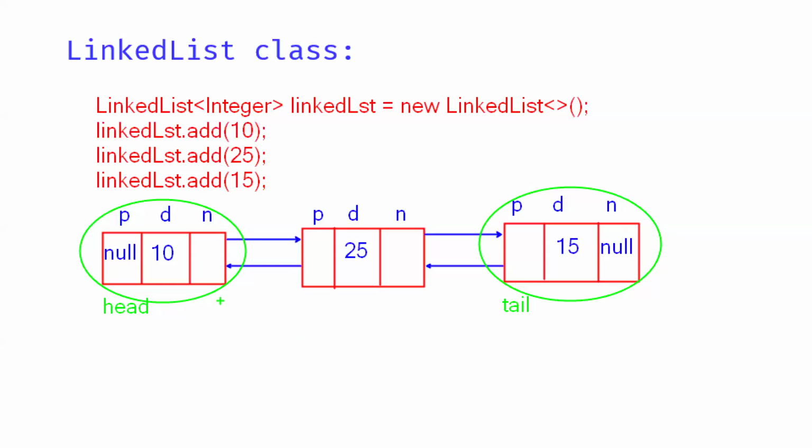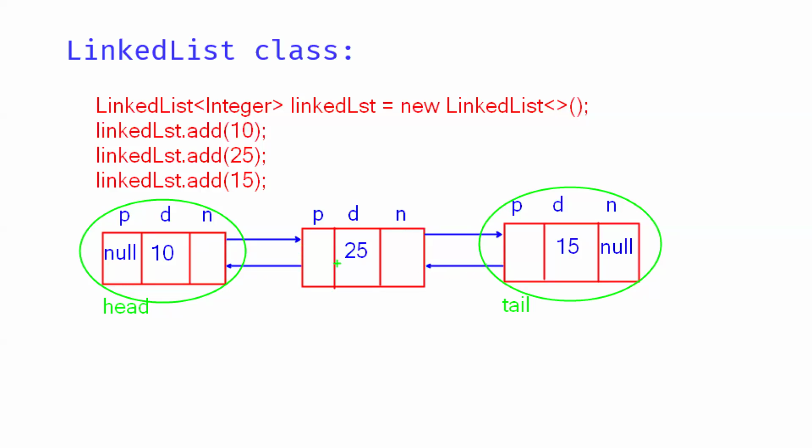So the first element is called head and the last element is called tail. This is called double linked list format, which means I can move the cursor from head to tail or tail to head also. Both are possible because of double links. I am not keeping an arrow on only one side.